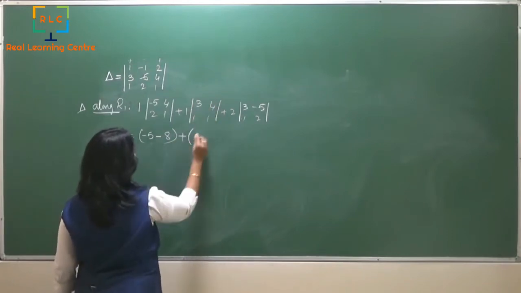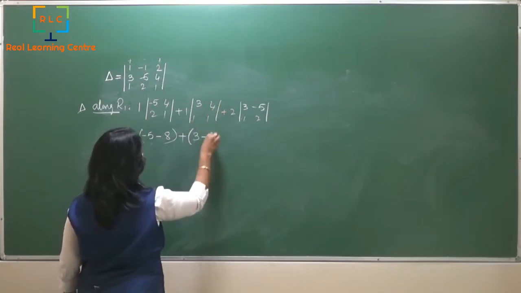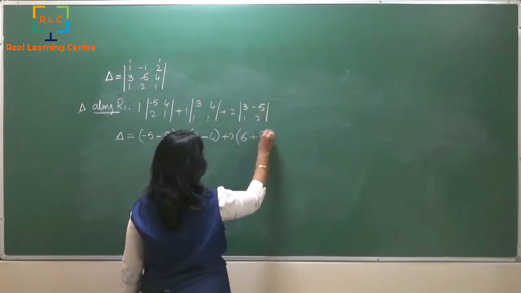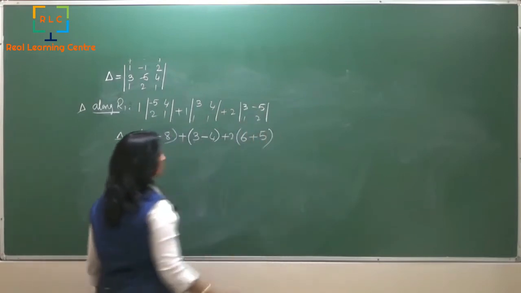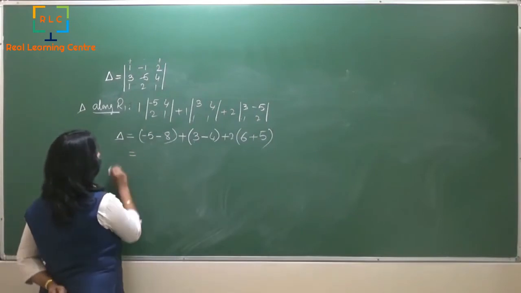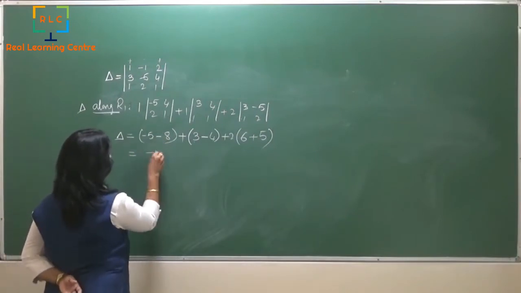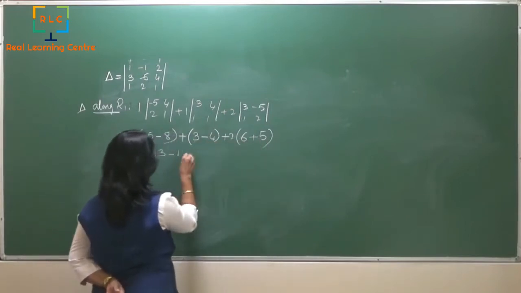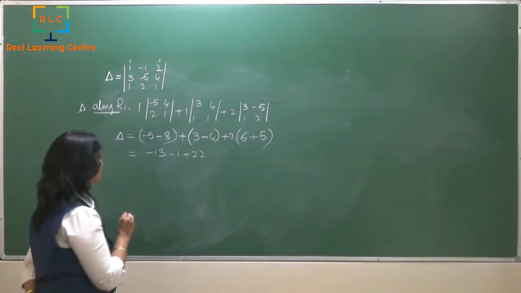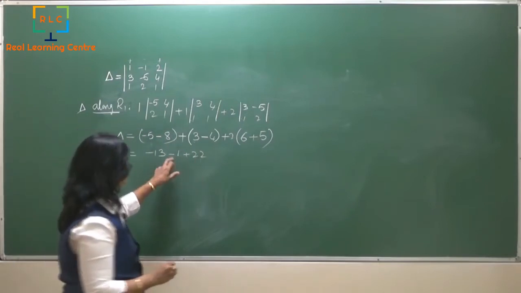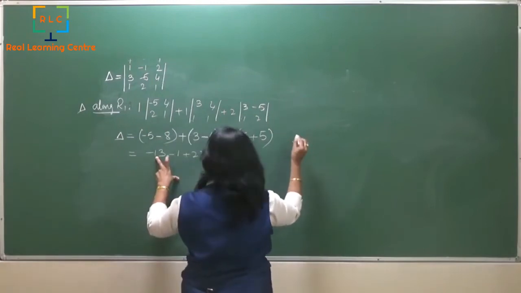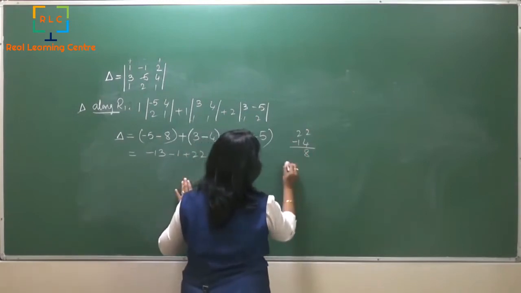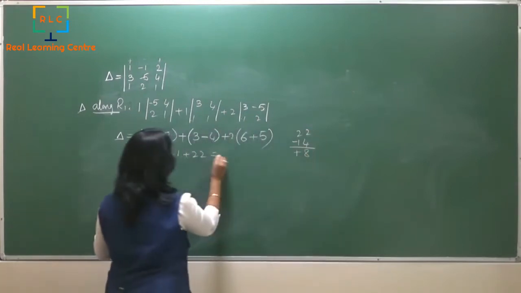The elements multiplication here: 3 minus 1 4s are 4, plus 2 into 3 2s are 6, minus of minus plus 5, 1 5s are 5, and we shall simplify this. This is equal to minus 8 minus 5 is minus 13, 3 minus 4 is minus 1, 6 plus 5 is 11, 2s are 22. So what have you got? It is 22 minus 1 is, it's like this, minus 14 and plus 22. So 22 minus 14 is 8. This is equal to plus 8.